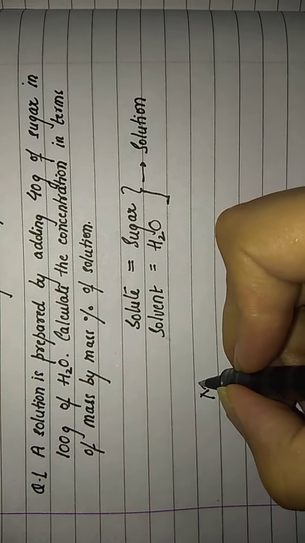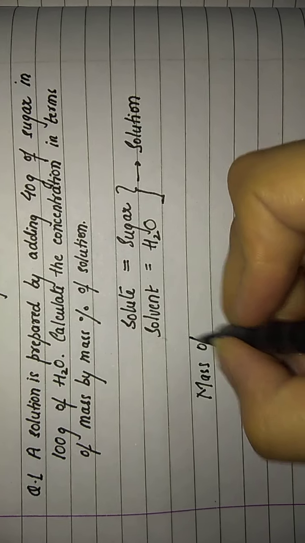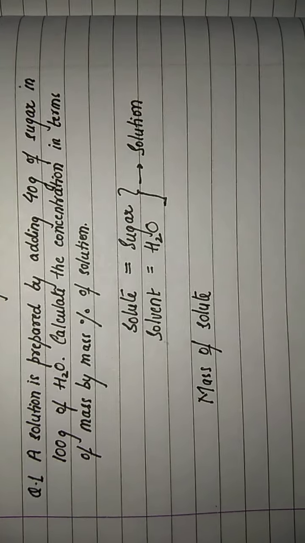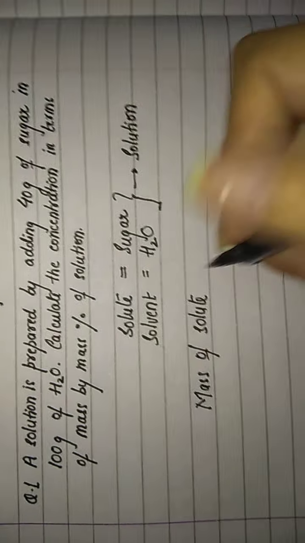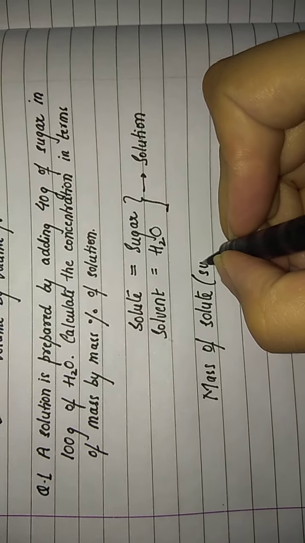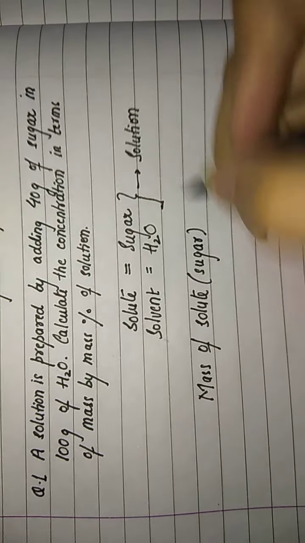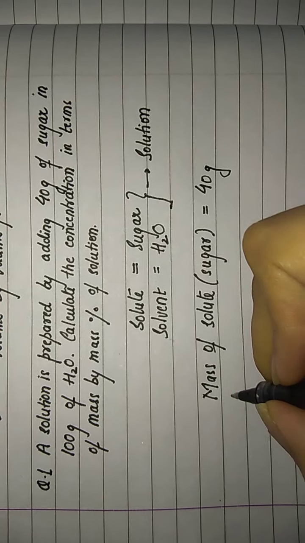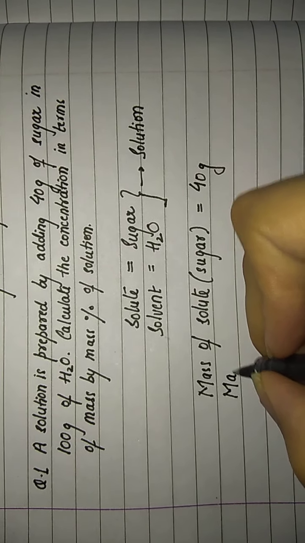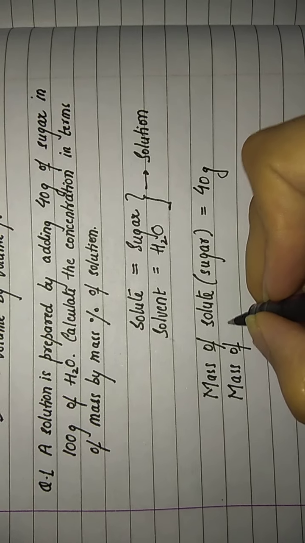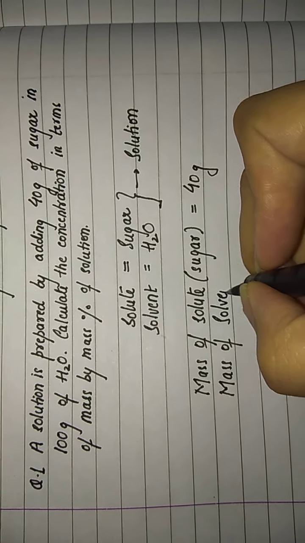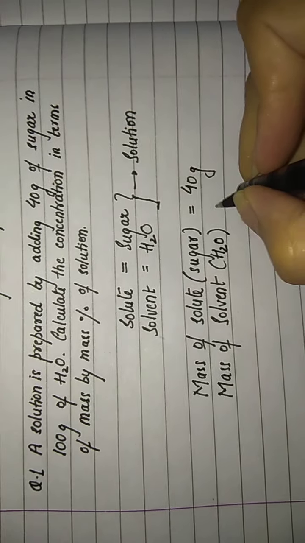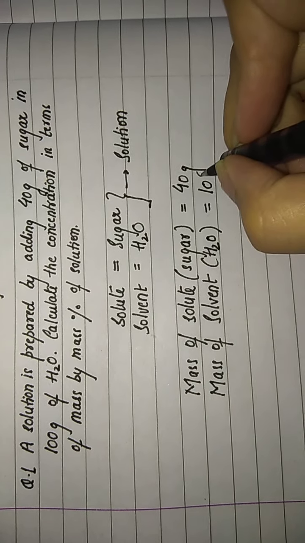So I write mass of solute, which is sugar in this question, is equal to 40 grams, and mass of solvent, which is water in this case, is equal to 100 grams.